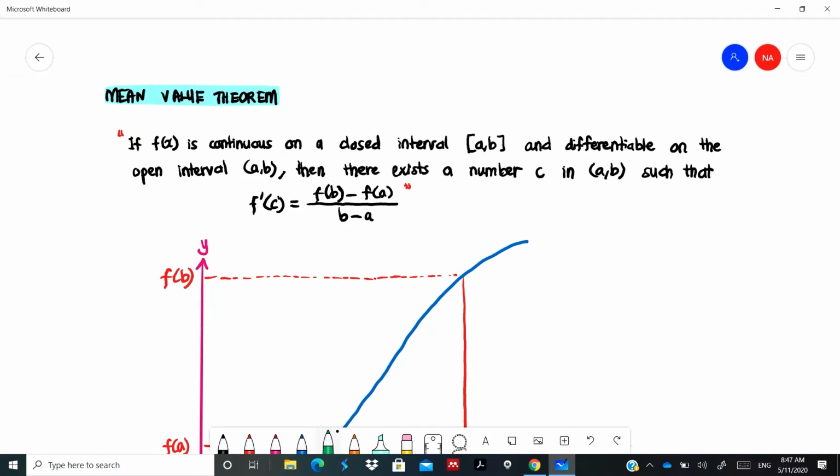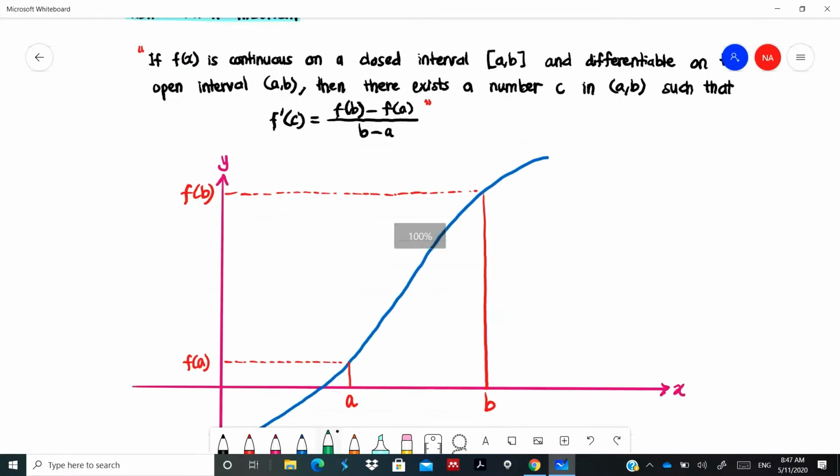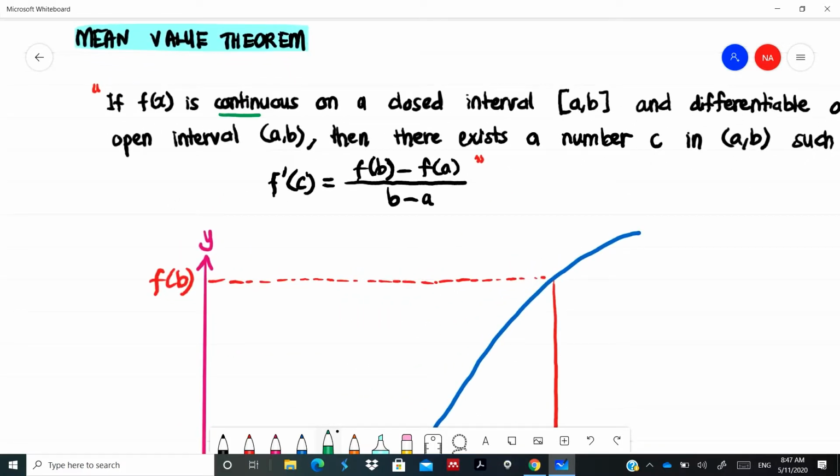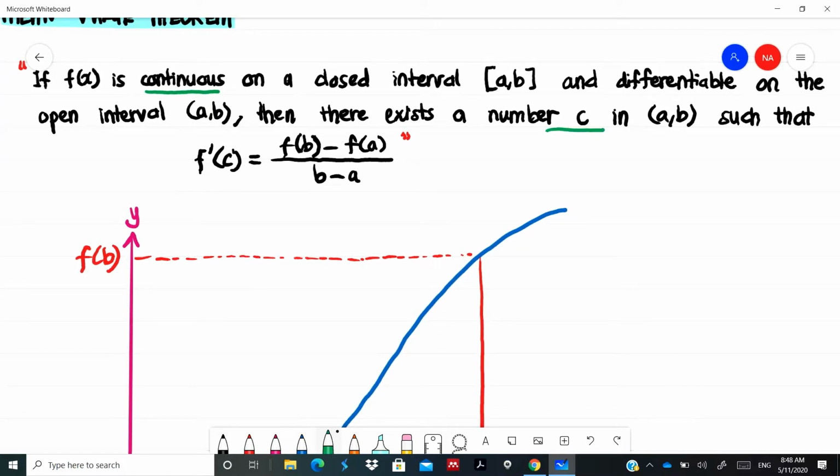So what is the mean value theorem? Let's look at the theorem. It states that if f(x) is continuous, meaning the function follows the three conditions for continuity on the closed interval [a, b], and differentiable on the open interval (a, b), meaning that we can differentiate the function f(x) and substitute values between a and b into f prime of x, then there exists a number c in (a, b) that satisfies this equation.